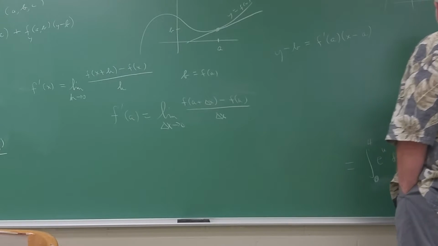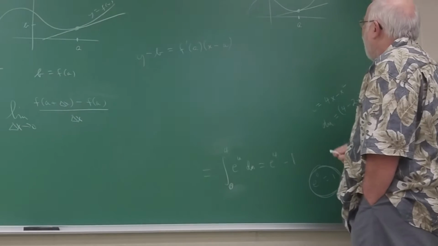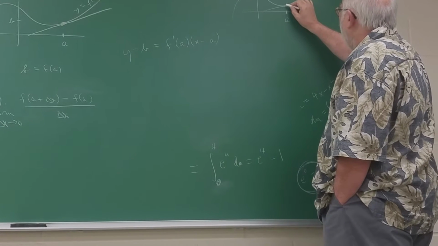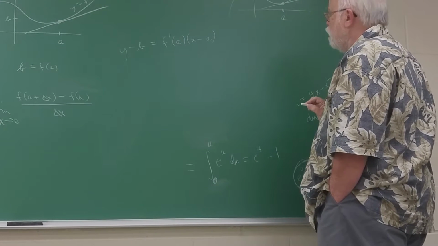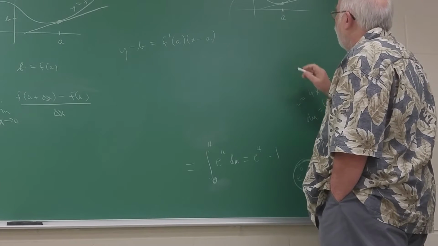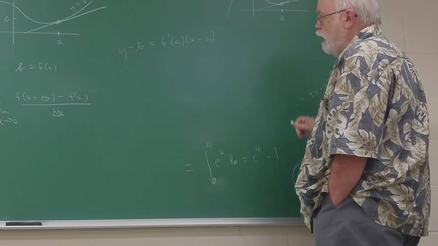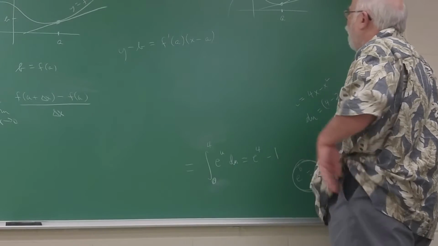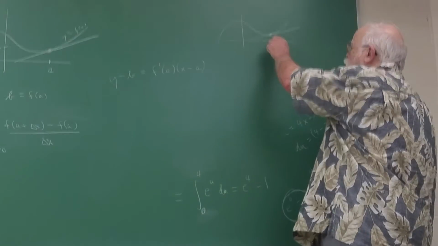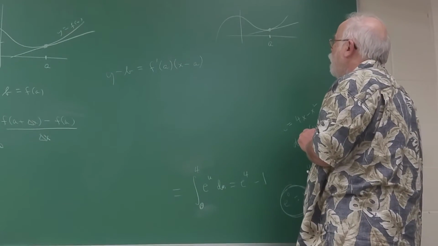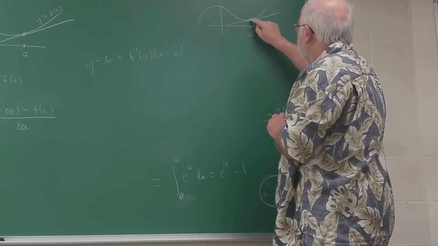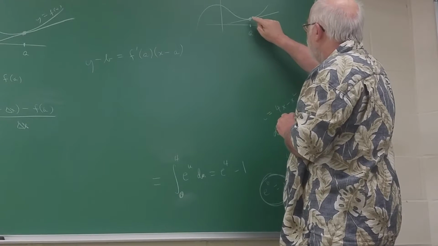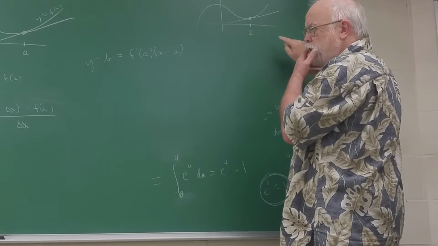So I've got this A right here. And when I write delta x or delta y, what I'm doing is moving away from this point. And how? In some completely random direction?